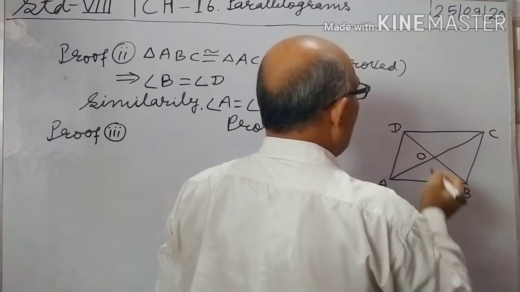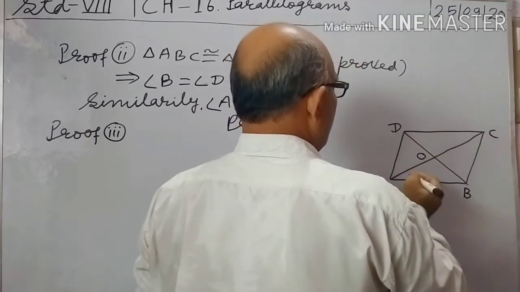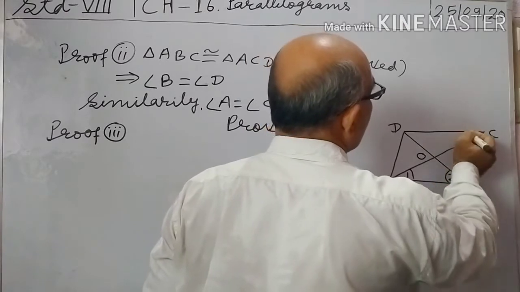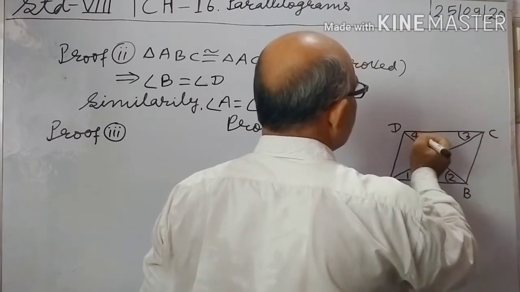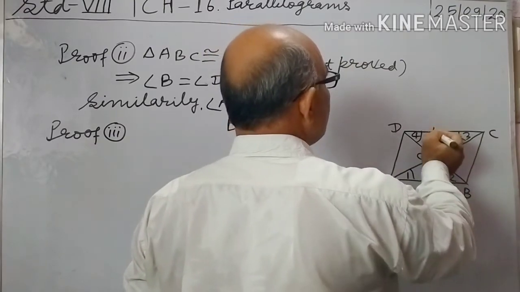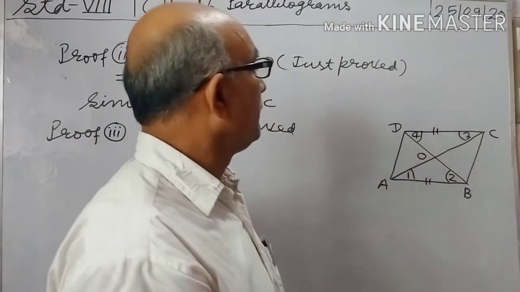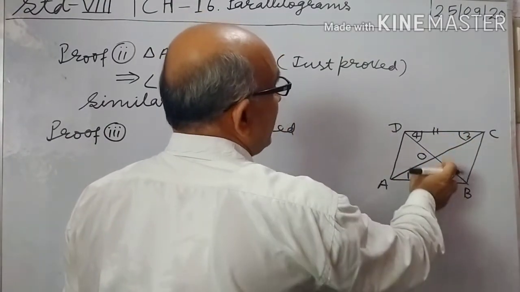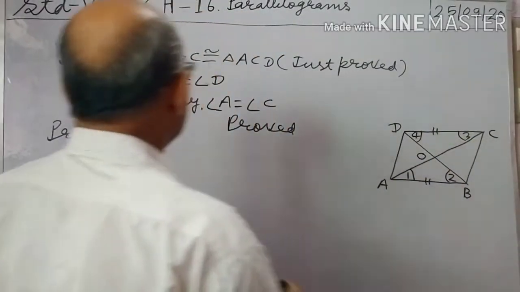They meet at a point O. Name these angles 1, 2, 3 and 4. So AB equal to CD, opposite sides are equal. Angle 1 equal to angle 3, angle 2 equal to angle 4.